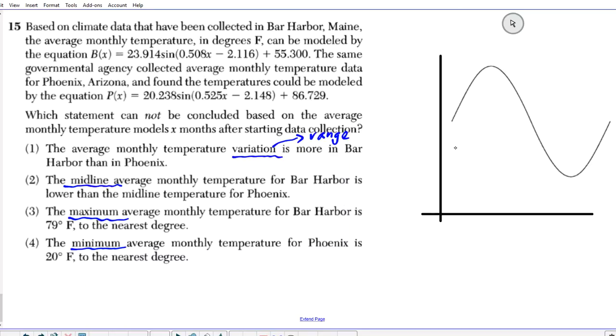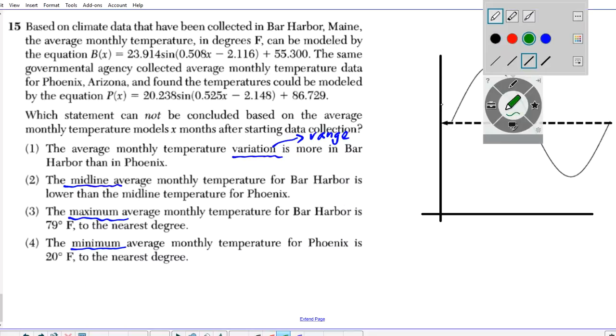We're going to start by looking at the midline. Okay, so midline is basically the vertical shift of the sine function. So midline is how high did you shift it. That's your h value. Okay, so for this particular problem, this is going to be our midline.